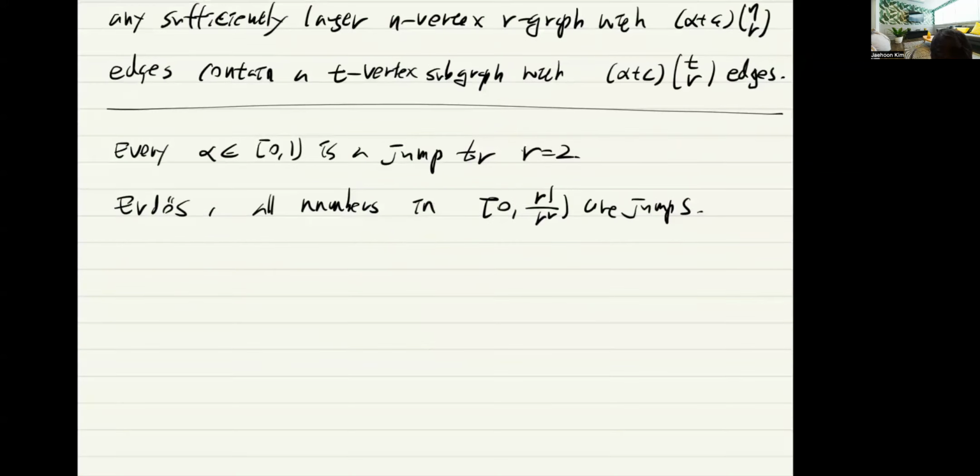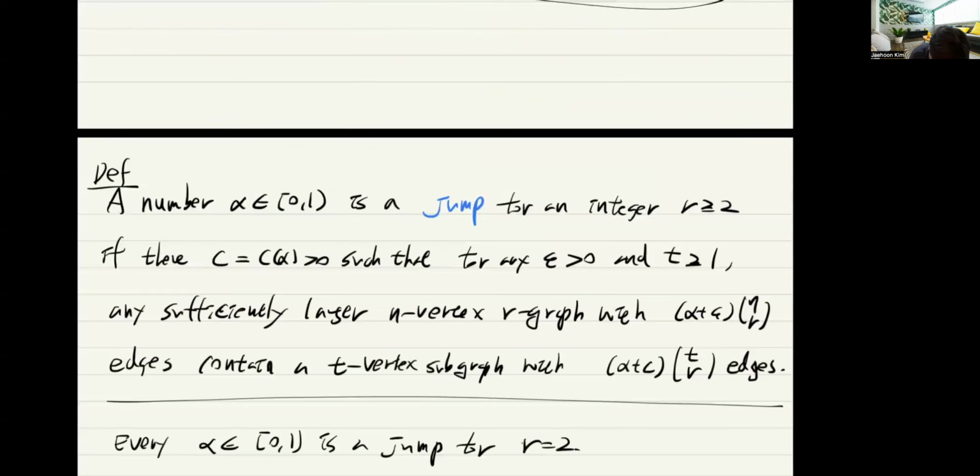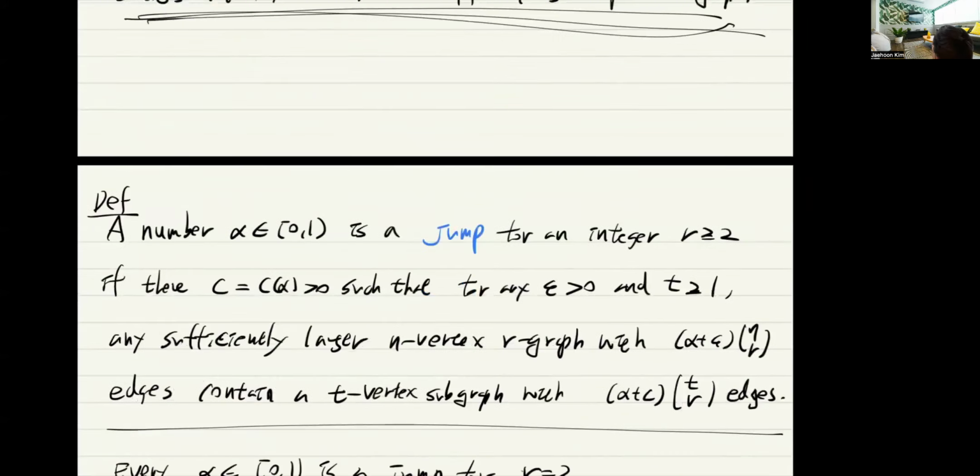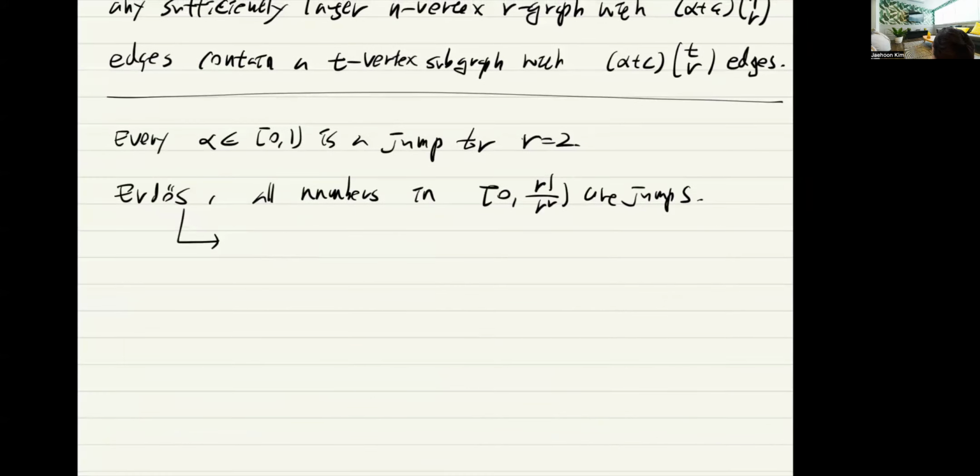More precisely, he not only proved this, but also proved that there are no r-graphs with Turan density in this interval.